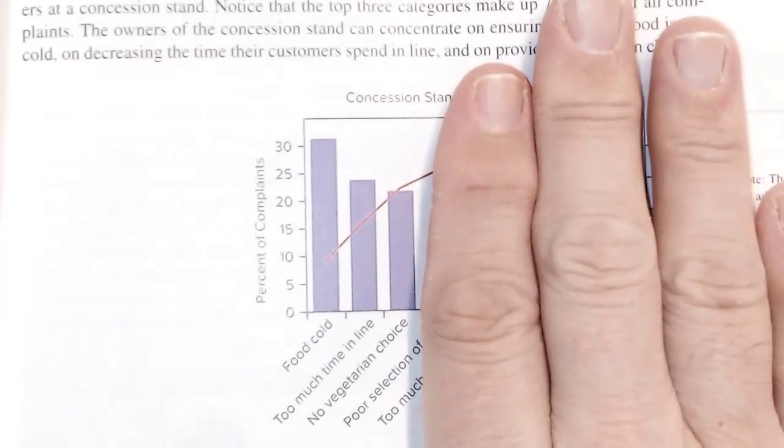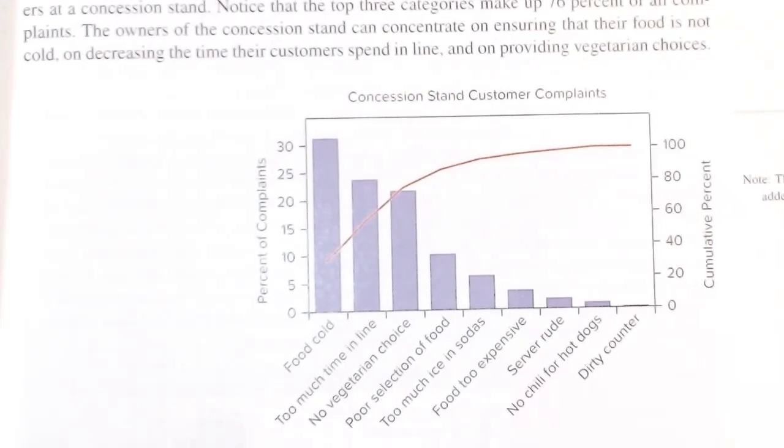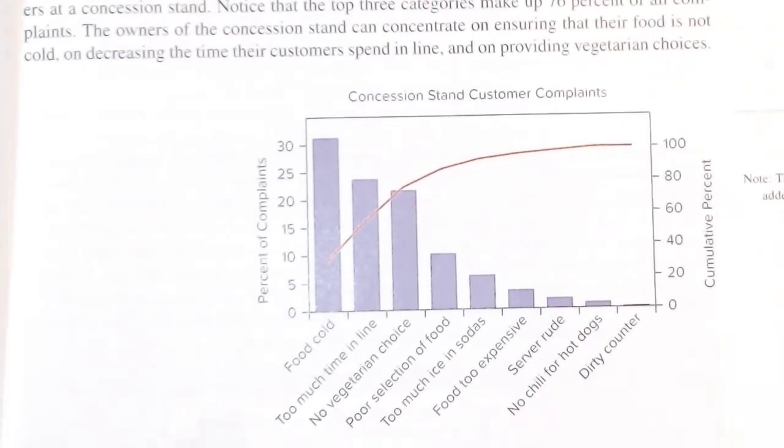Few causes, most of your outcomes. The Pareto principle says, if you address the primary group of issues, you'll satisfy the majority of your customers. And so the Pareto chart here helps me to find that information. Questions?